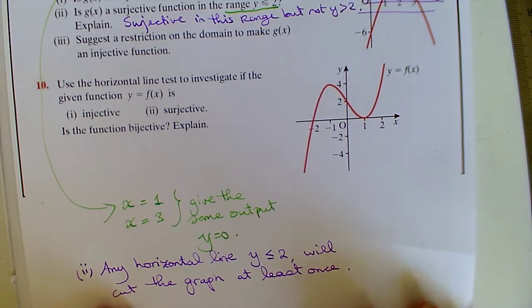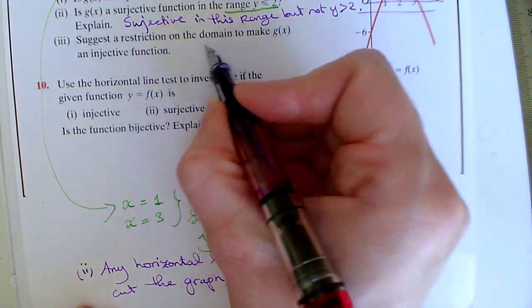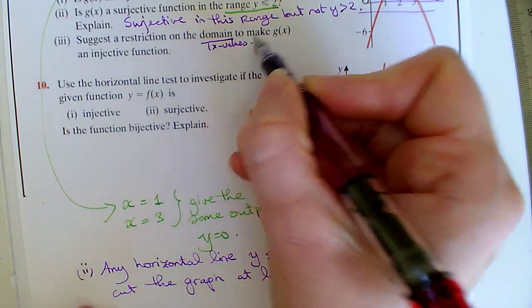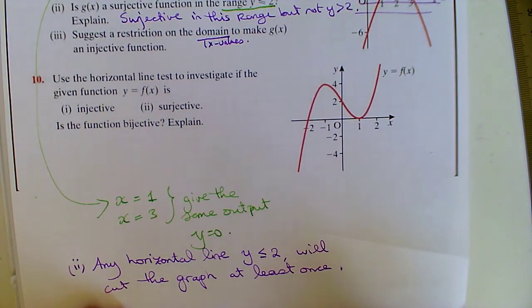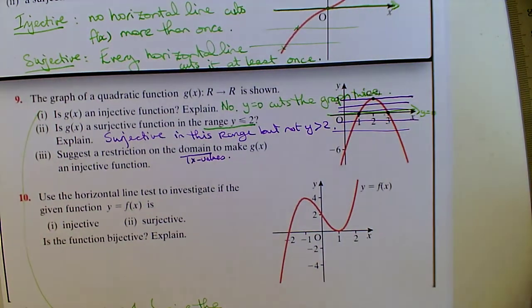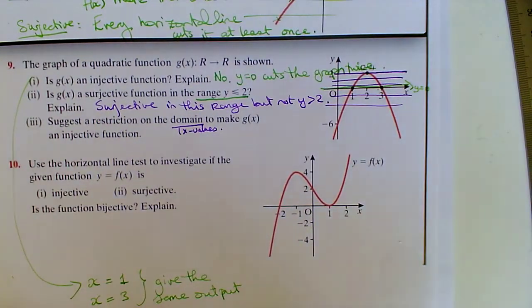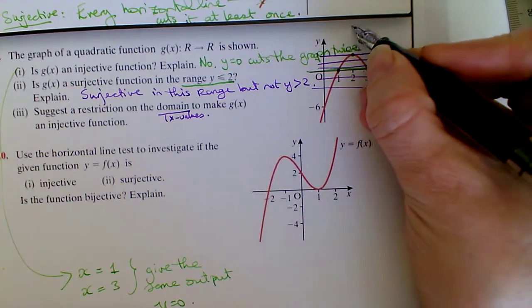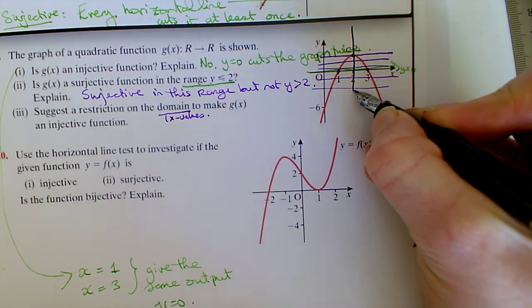Could we put a restriction on the domain? So remember, domain is my inputs, the x values, to make g of x an injective function. So could I do something here to this graph that would mean that any horizontal line would never cut my graph more than once? Well, yeah, if we cut it in half.